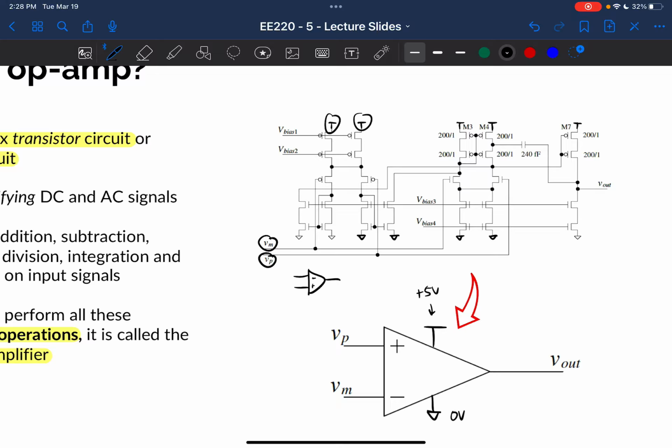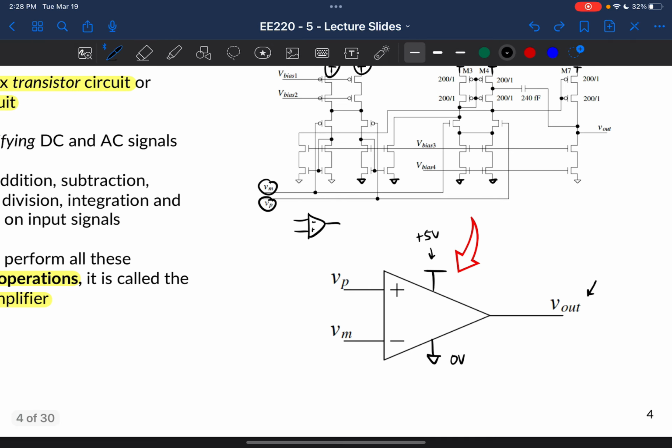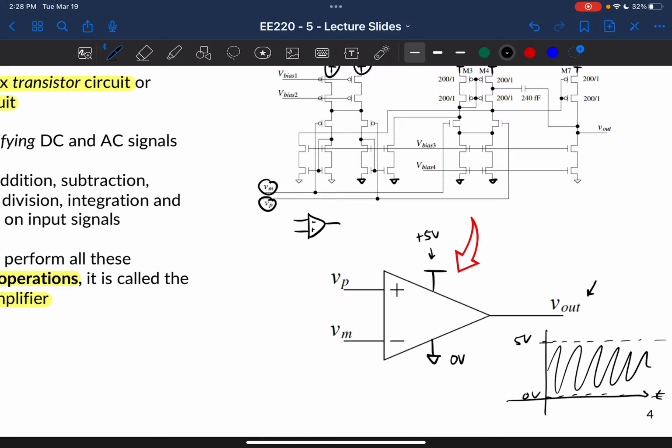So what this tells me is that any inputs that I put in here, it doesn't matter what they are, it doesn't matter what the gain is, I will never be able to get an output voltage that is outside of these rails. We call them rails because if I'm looking at my output voltage as a function of time, I basically have a 5-volt rail here and a 0-volt rail here, and my outputs will only ever be inside of these rails.